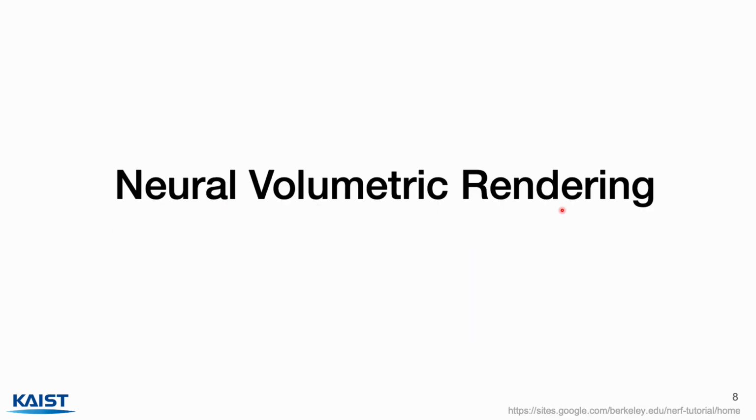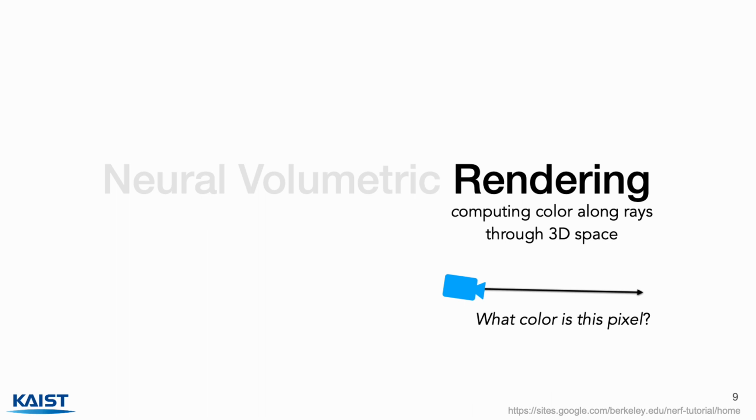Volume rendering is actually a very classical technique, existing since the 80s in the graphics field. However, the representation is very powerful and it makes the training of NeRF very stable and reasonable. Firstly, this is basically a rendering pipeline that computes the color along the rays through the 3D space.